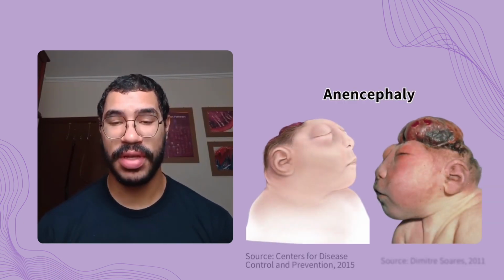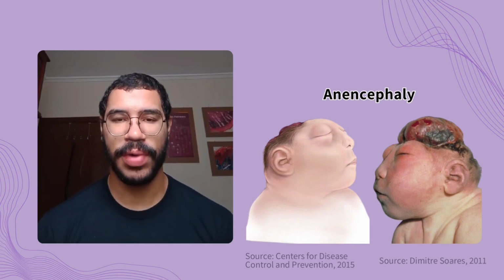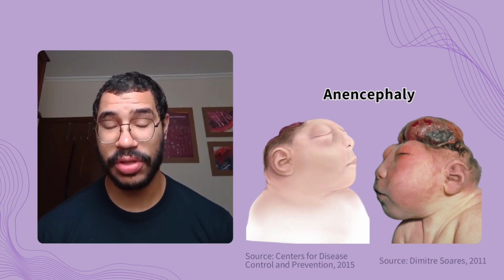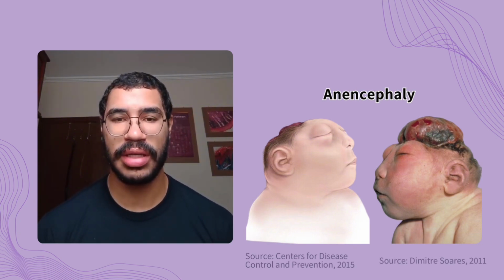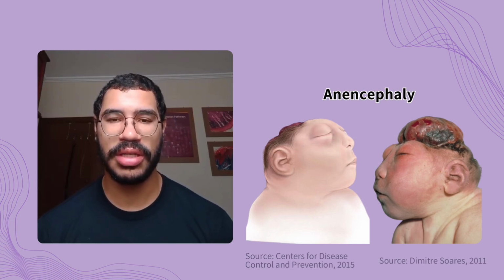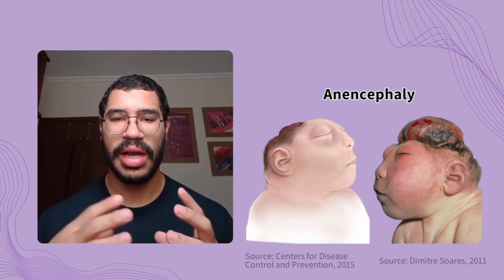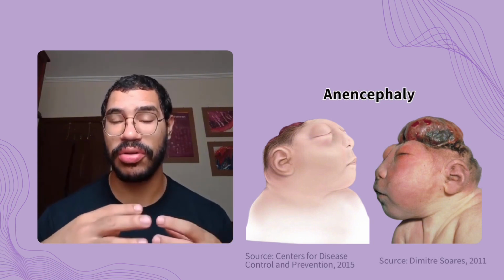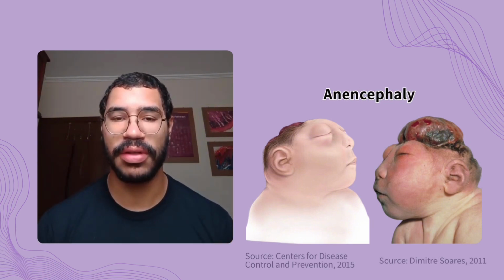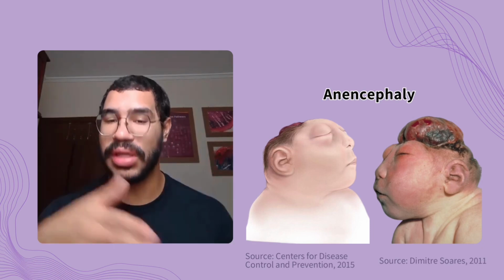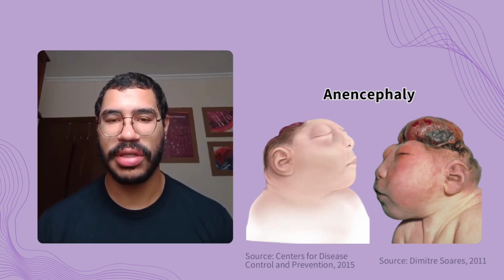A great example of this is anencephaly, which is when a baby is born without a brain or with it underdeveloped. It could also involve the skull, but again, as we have seen, since the skull gives not only protection but also the place for the encephalon to develop, if there is not enough room, the encephalon will not develop.